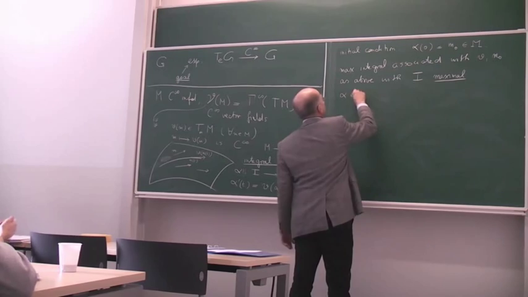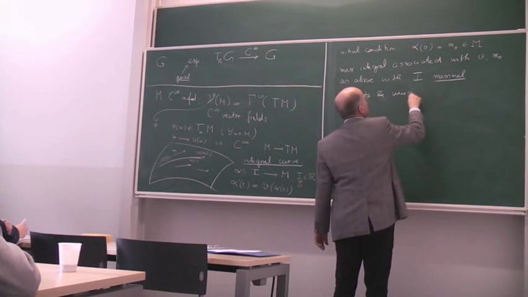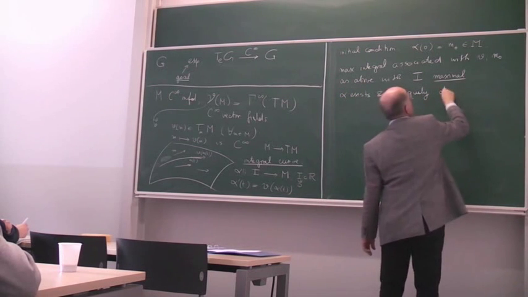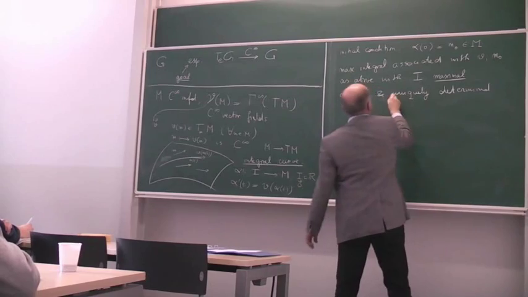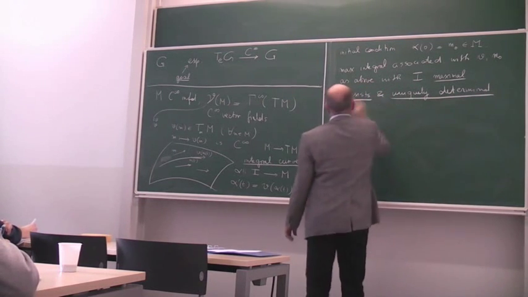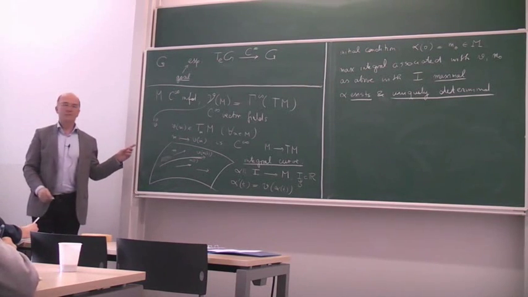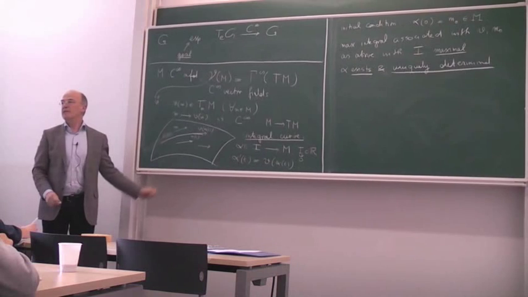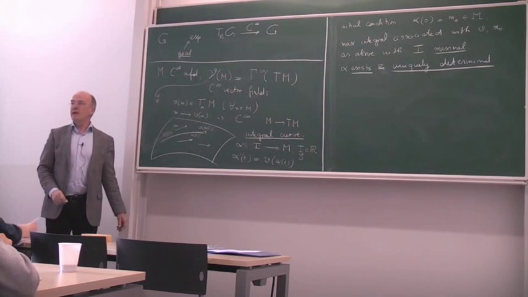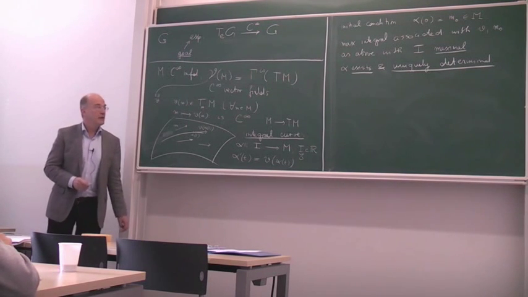So alpha exists and is uniquely determined. Now this principle will play an important role in the construction of the exponential map. The exponential map is going to be constructed through integral curves, maximal integral curves of certain vector fields.